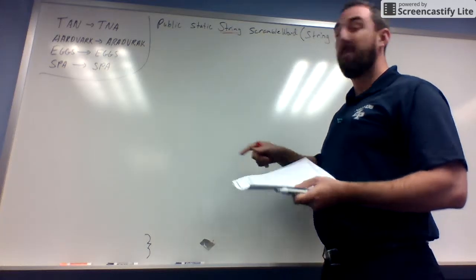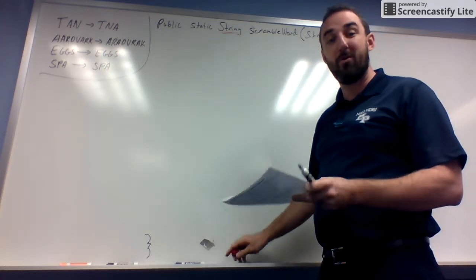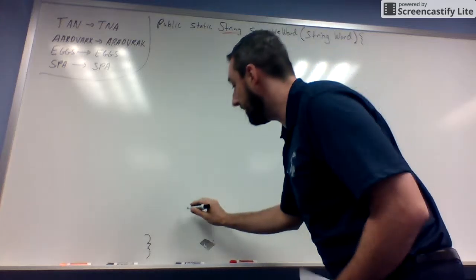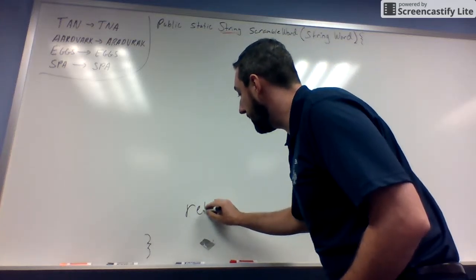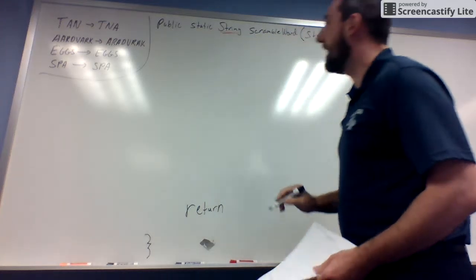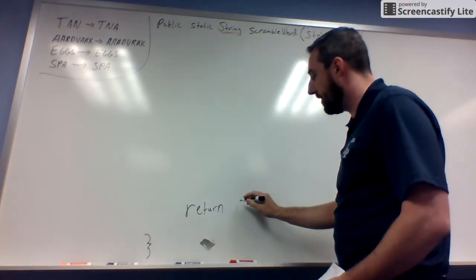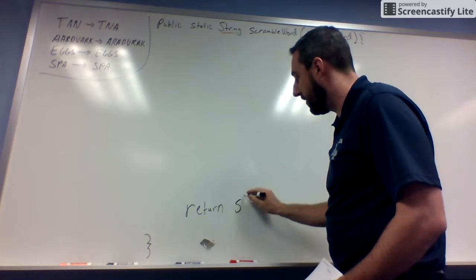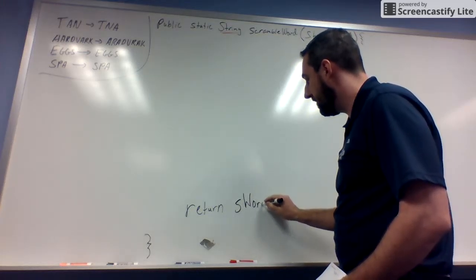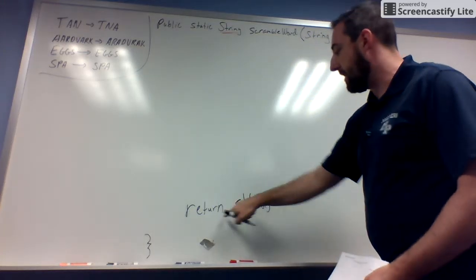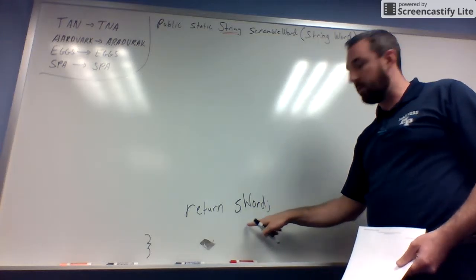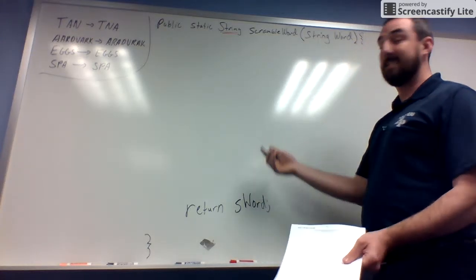Which means, before doing anything else, I can just write the word return somewhere. I could say return, and because I know that it's going to be scrambling a word, maybe I'll say return S word for scrambled word. Now, if I know I'm going to return S word, it's got to exist.